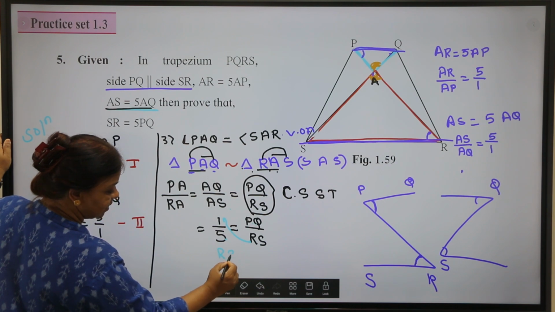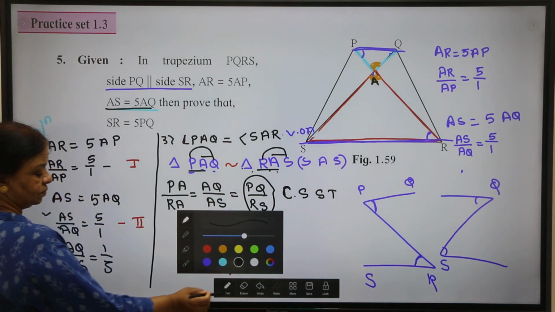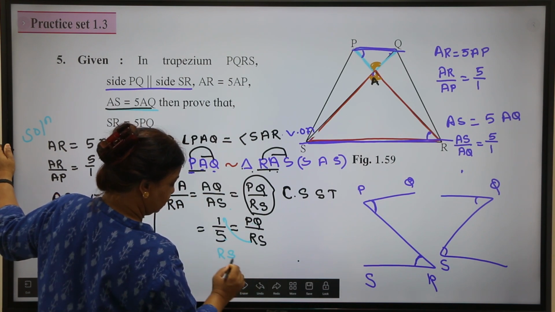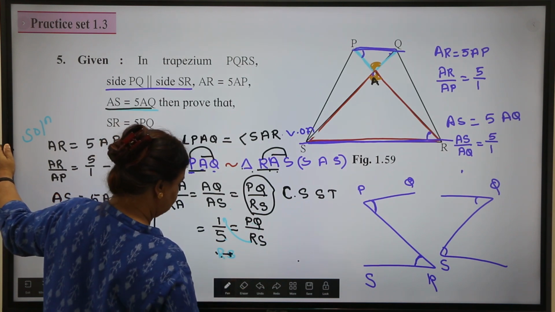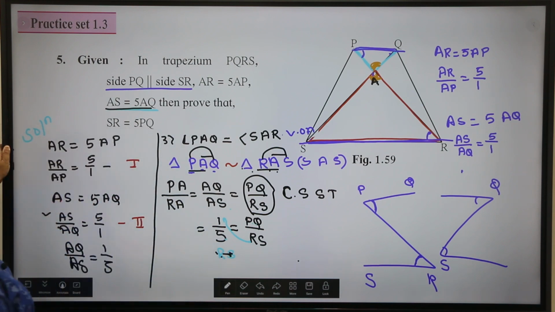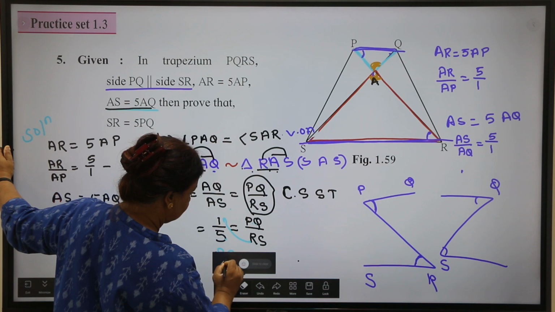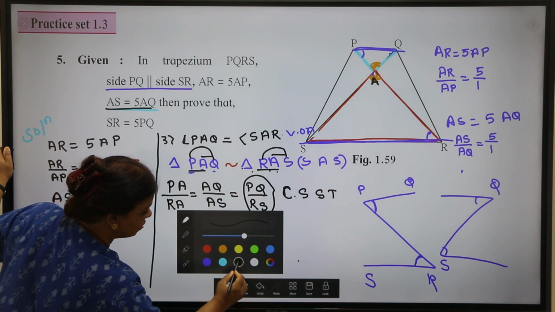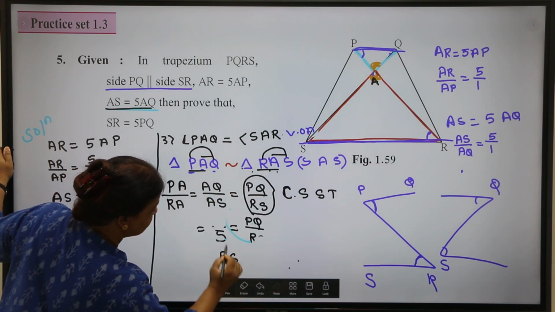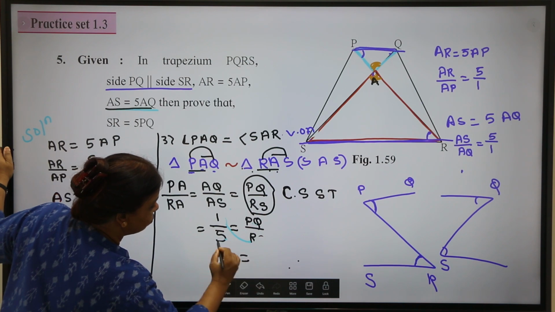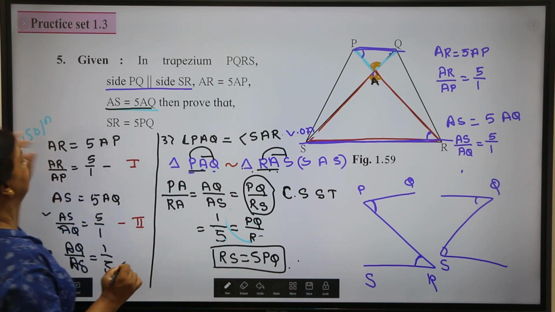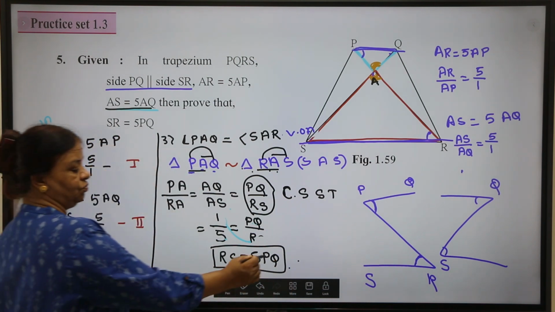So RS, so we will be getting here RS into 1 is RS is equal to phi PQ, and this is what we wanted to prove. RS is equal to phi times PQ, hence proved.